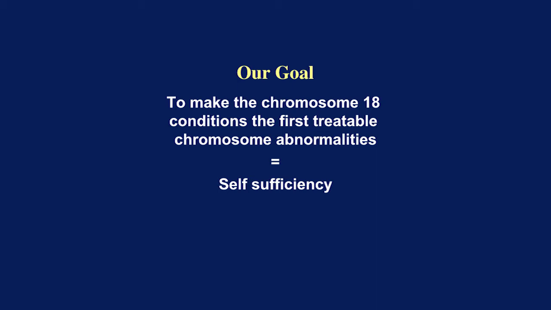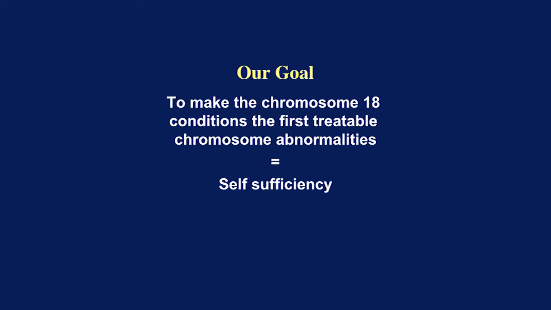In contrast, our goal is to make the chromosome 18 conditions the first treatable chromosome abnormalities. By this, we mean the goal is self-sufficiency. It's not to turn them into different people, but it's to enable them to grow up to be the masters of their own lives.